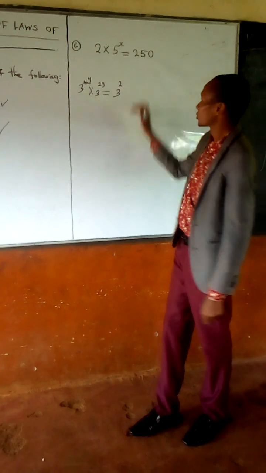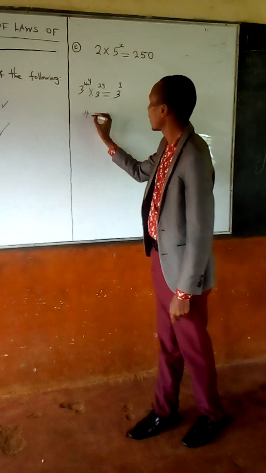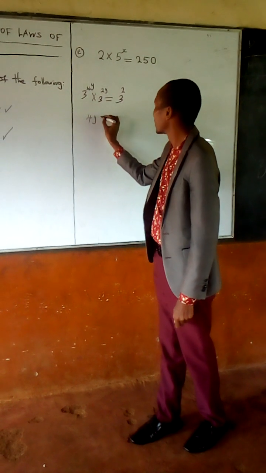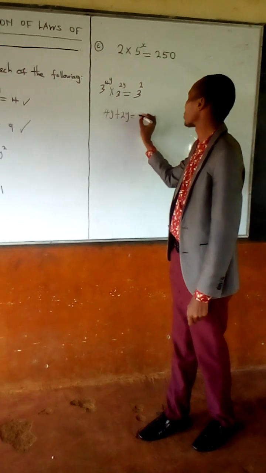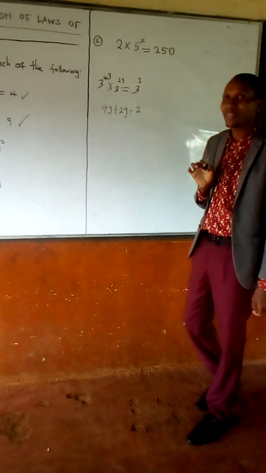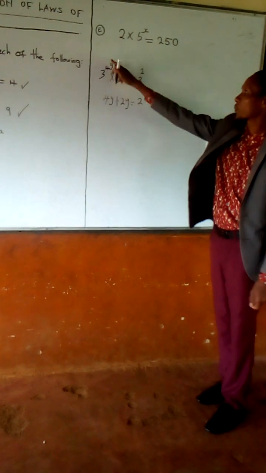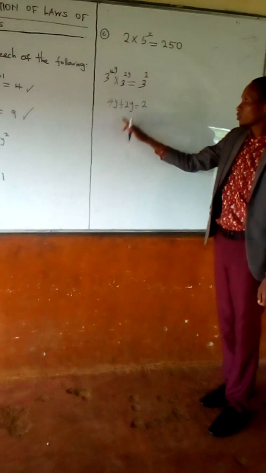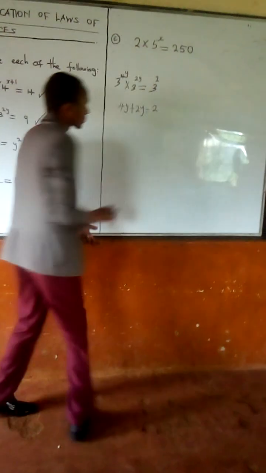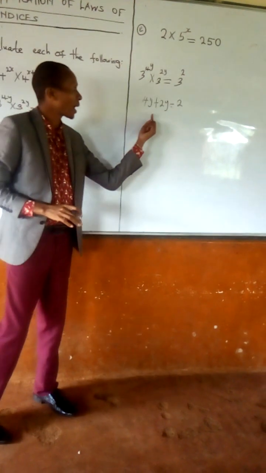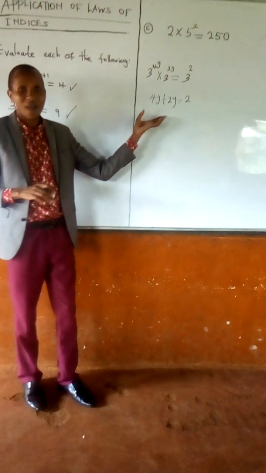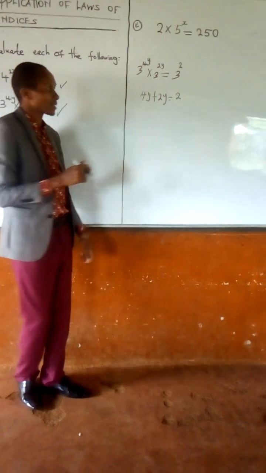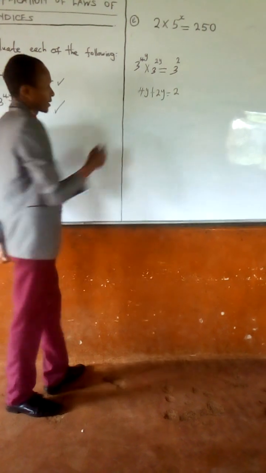So you are supposed to say 4y plus 2y is equal to 2. If it is multiplication, we add the powers. These are like terms, 4y and 2y. They are similar, so you add them. It gives us 6y.